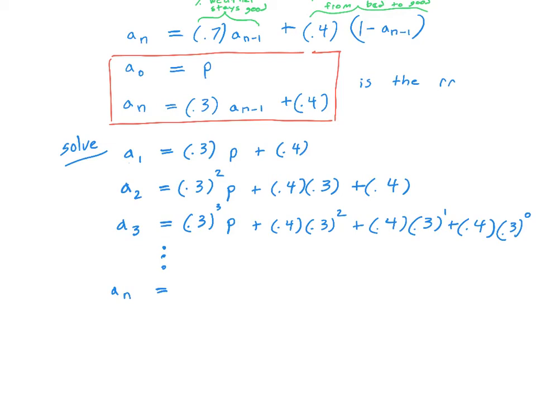Eventually, at the nth step, we'll have multiplied by 0.3 enough to get the power of n, and then multiplied by p. And then we'll factor out all of the 0.4s. And then inside of a big set of brackets, we get a geometric series of 0.3. So 0.3 to the power n minus 1 plus 0.3 to the power n minus 2, dot, dot, dot, all the way down to 0.3 to the power of 0.